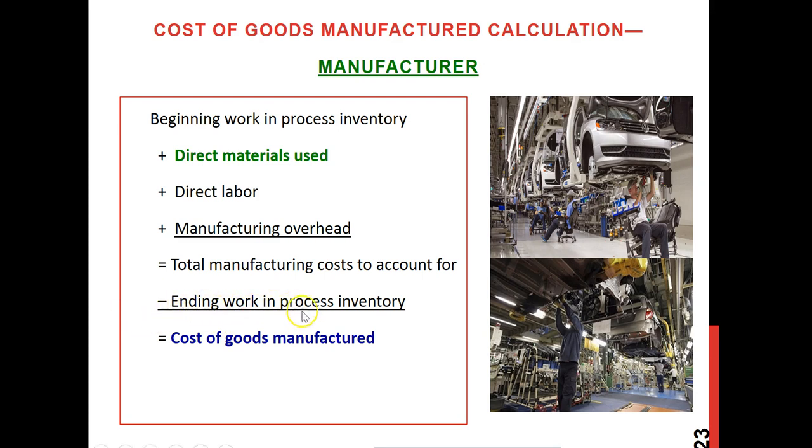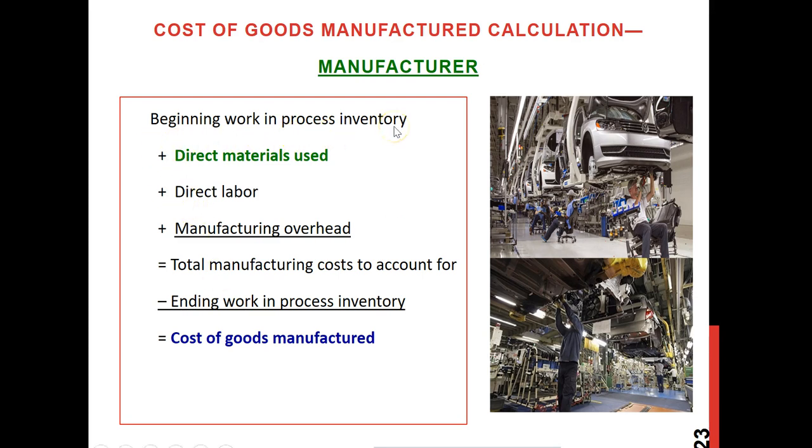So we will call those ending work in process. So you have to subtract this ending work in process, and this is how you will figure out what is the cost for those products that you manufactured in this period. So conceptually, it's the same.